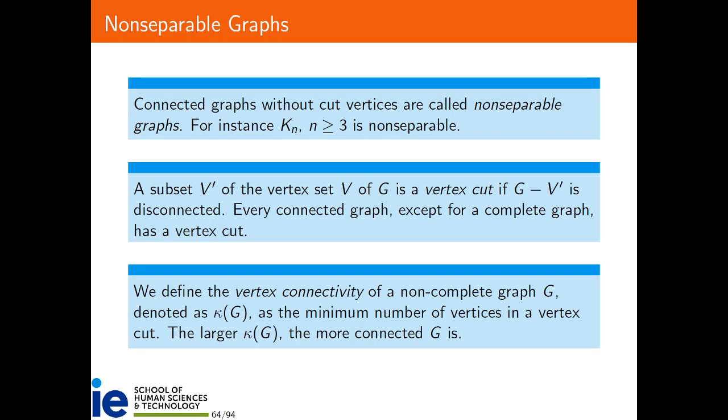So a connected graph without cut vertices is called non-separable. So the idea is here, okay, we may not simply consider the deletion of a vertex, but we could also consider what if I were to drop a subset of the vertex set.